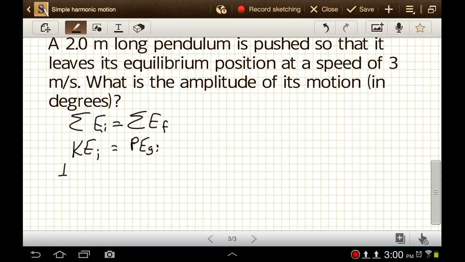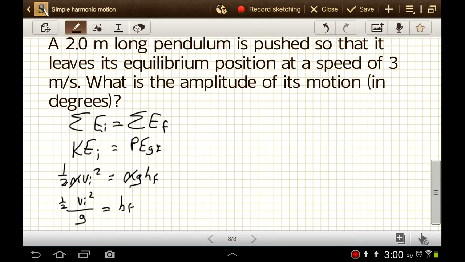And so we can write out the expressions for kinetic energy and for gravitational potential energy. That should be a final, not an initial. We've got a mass on both sides here, so we can cancel those out, divide both sides by m. And so our height final then is going to be 1/2 v initial squared divided by g.